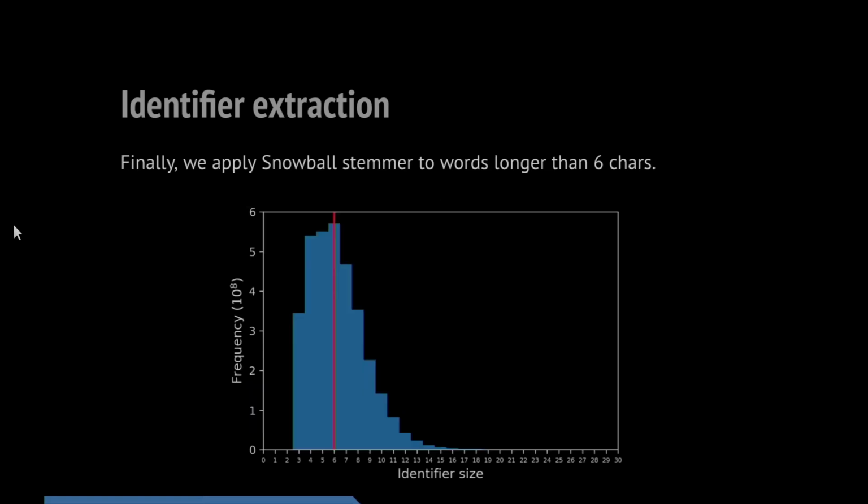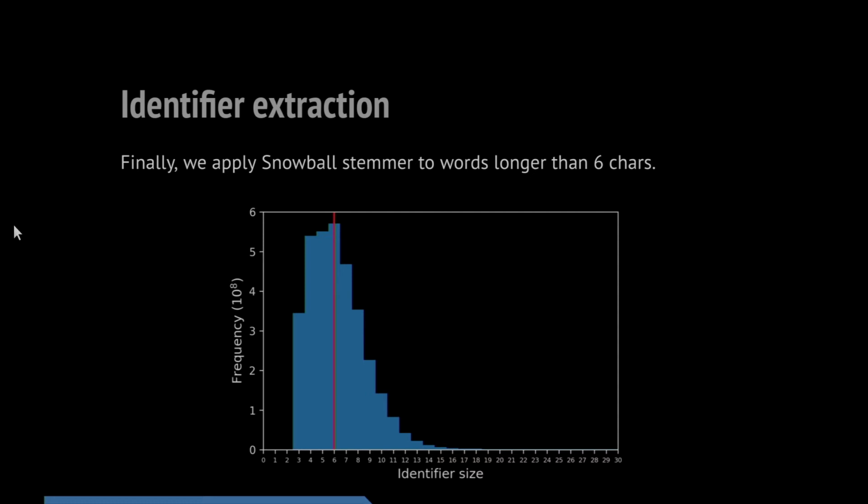After we do that, it appears that it's useful to apply stemming. If you draw the histogram of identifier size frequency, it turns out that 6 is the most probable one. The thing is, you cannot stem all the identifiers, because if it's only 3 or 4 characters, stemming will give you a lot of collisions, and you don't want collisions.